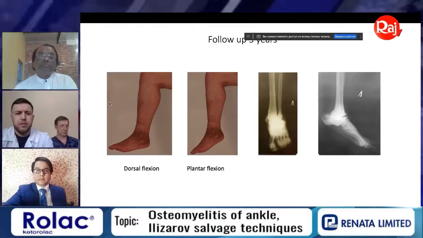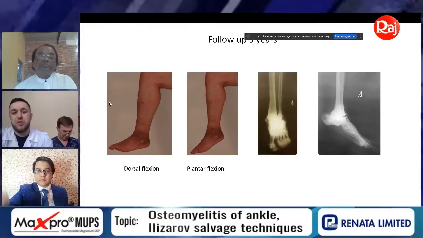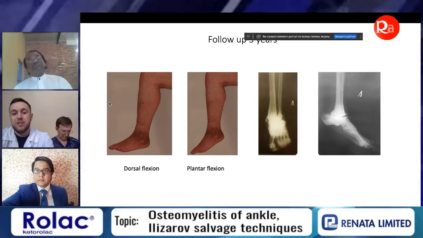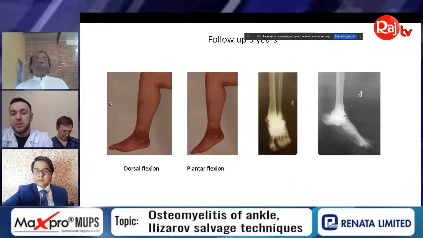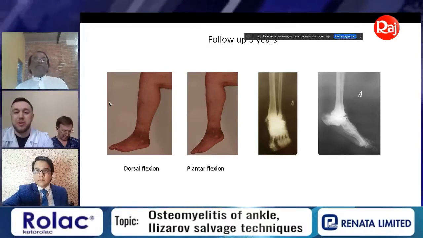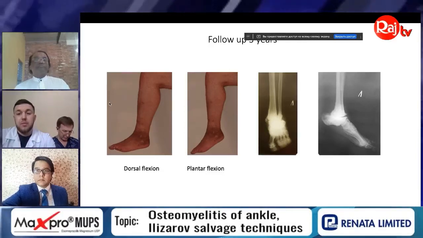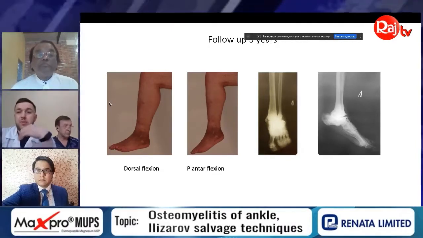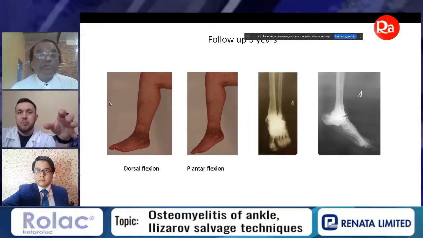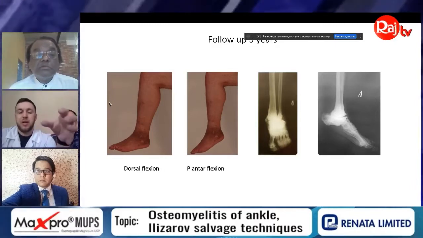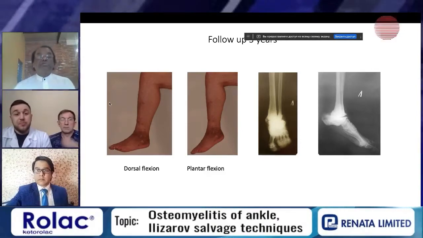The patient told us that the condition is very good for him, and that he doesn't want another surgery for stabilization of the joint. We saw that as a complication, but the patient was very happy with that result.